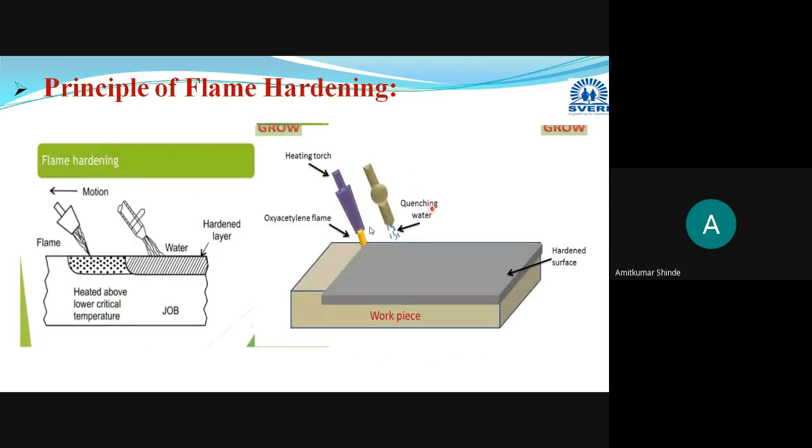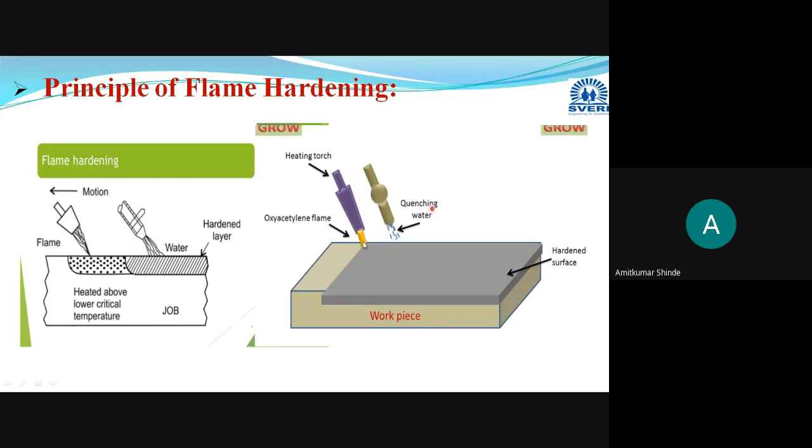The principle of this hardening is explained here with the help of a diagram. Here you can clearly see that this is your job, or workpiece. You can observe any one diagram, or observe both diagrams simultaneously. This workpiece is hardenable steel, and this is your oxyacetylene flame.